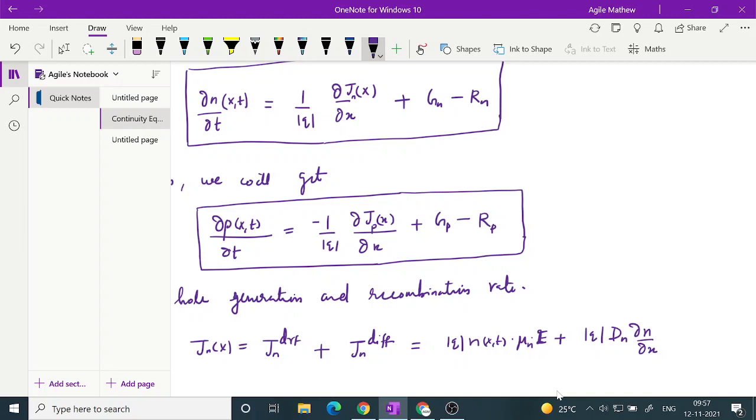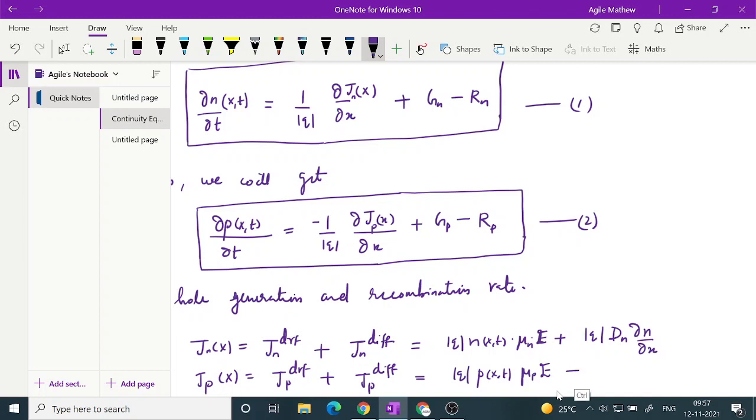Say this is equation 1 and this is equation 2. Similarly, I can write Jp of x is equal to Jp drift plus Jp diffusion. Then it will be q p of x comma t, mu p, electric field, plus, or no, minus.